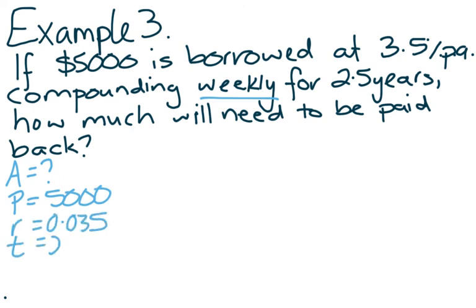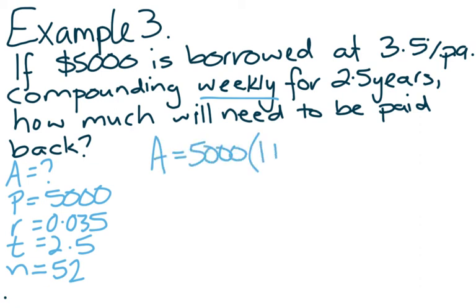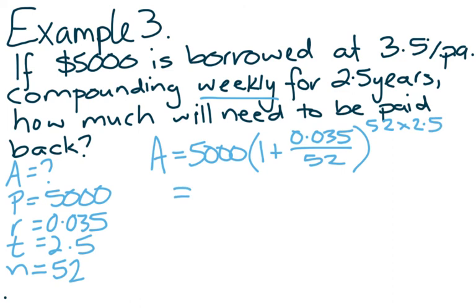T is 2.5. N is 52 this time because it's weekly. So we would do A equals 5,000 times (1 plus 0.035 divided by 52) all to the power of 52 times 2.5.